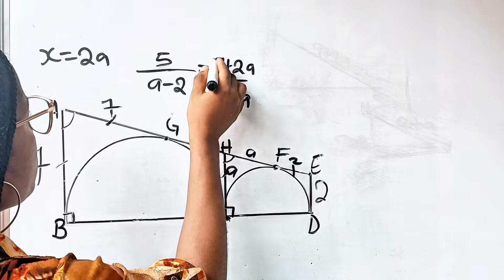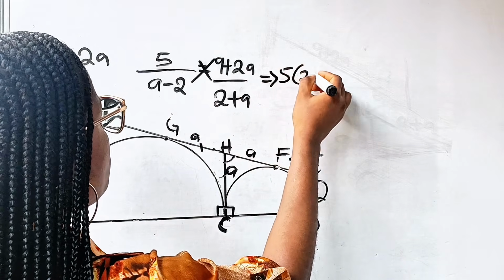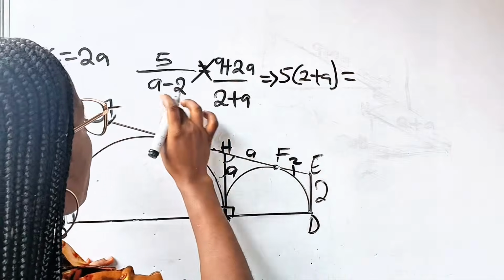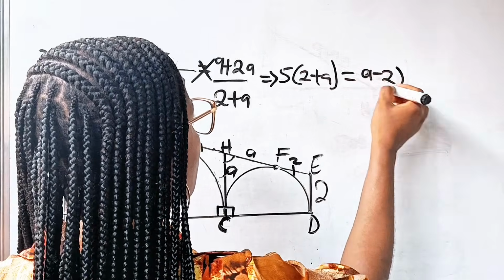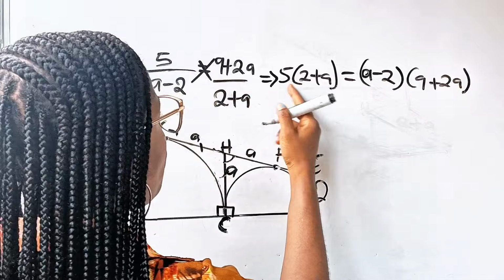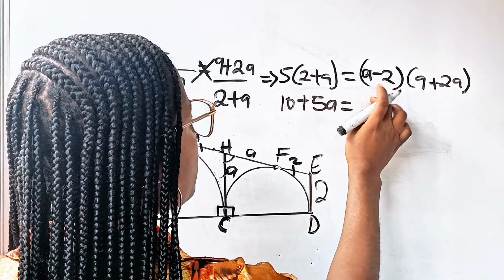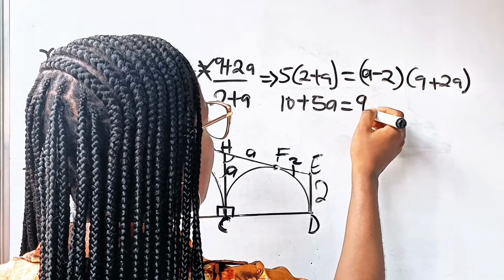So we're going to cross multiply now. So this implies that we have 5 brackets 2 plus A is equal to A minus 2 multiplied by 9 plus 2A. So if we open this bracket, we have 10 plus 5A. If you open this bracket, we have A times 9 is 9A.